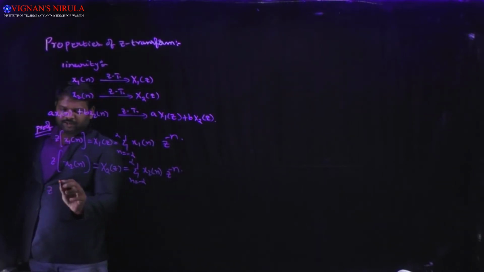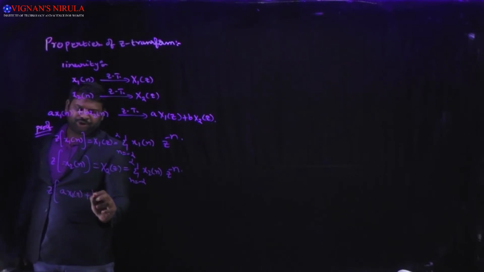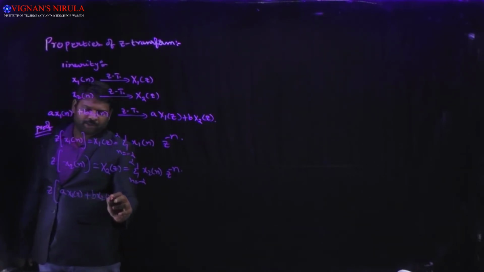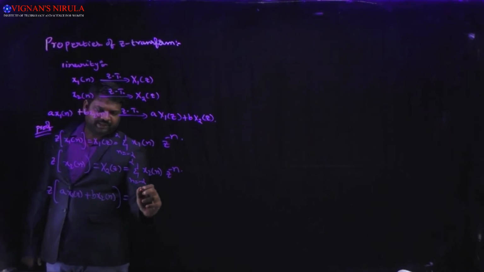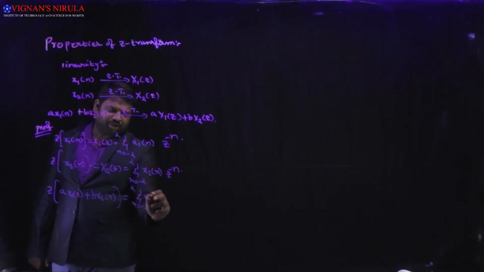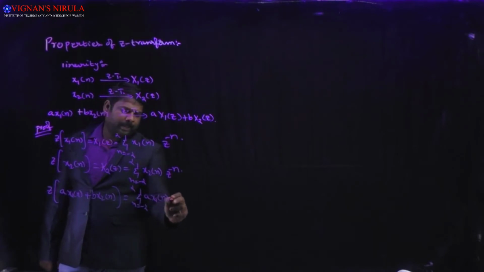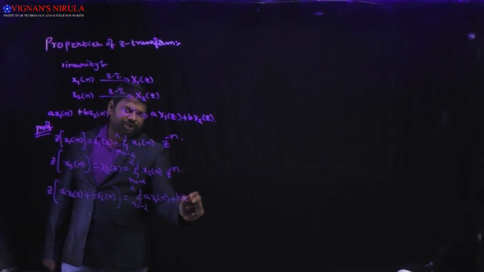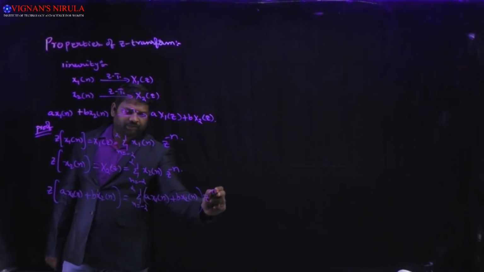Then the Z transform of a into x1 of n plus b into x2 of n will be given as summation n varies from minus infinity to infinity, a into x1 of n plus b into x2 of n, into z power minus n.